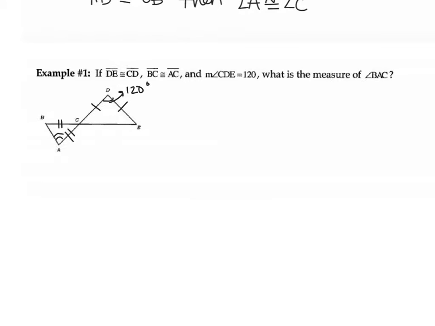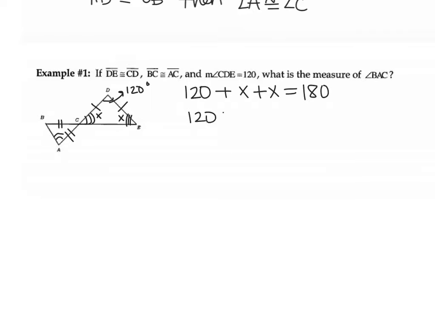We know that angles DCE and DEC have to be congruent because they are the angles opposite the congruent sides. So they both have a measure of x, which I can use the triangle sum theorem to solve for. Since we know 120 plus x plus x is going to equal 180.